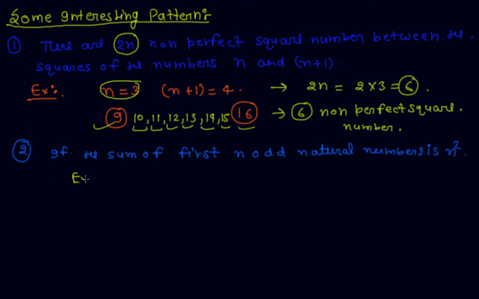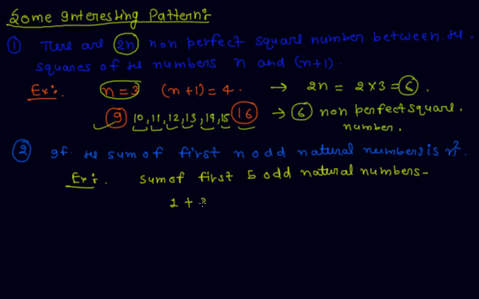Now I take the sum of the first 5 odd natural numbers. So take 1, then the next odd natural numbers 3, 5, 7 and 9.